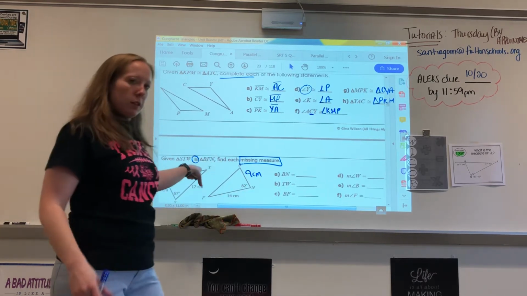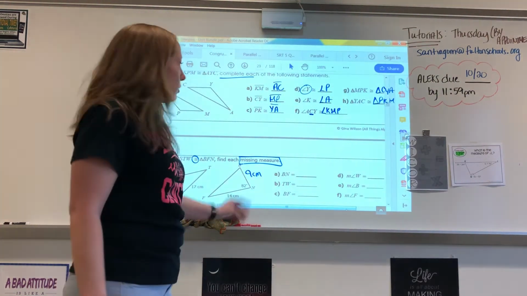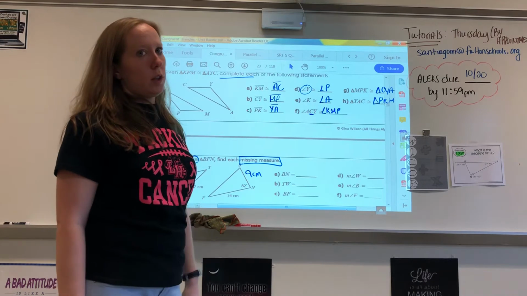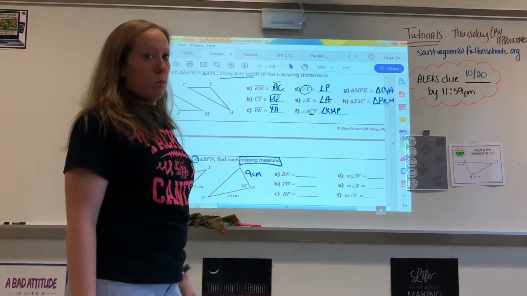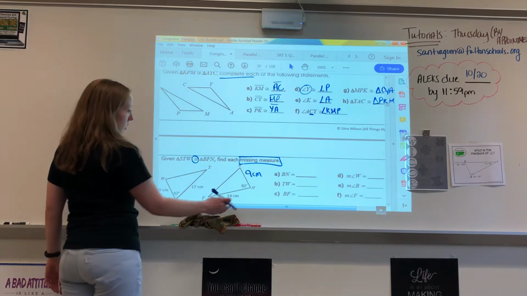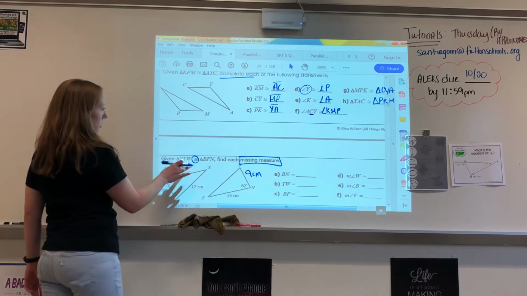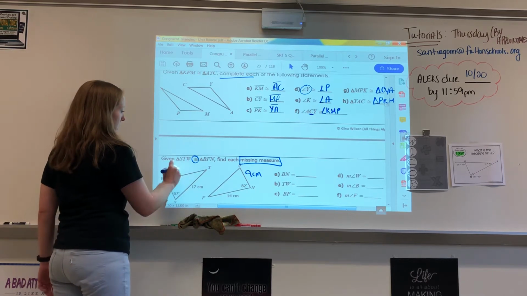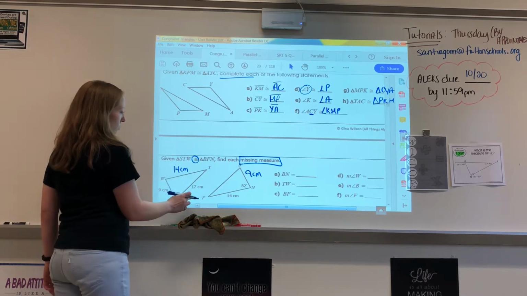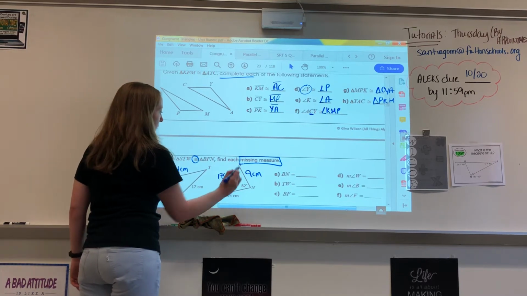I first want to fill in these triangles, because if I fill in everything I know about these triangles, watch how fast it is to fill out A through F. Trust me. So, you know this is 9 centimeters. 14 centimeters NF will go with WT if I look at my statement. And then remaining, all that's left is 17 for the other side.